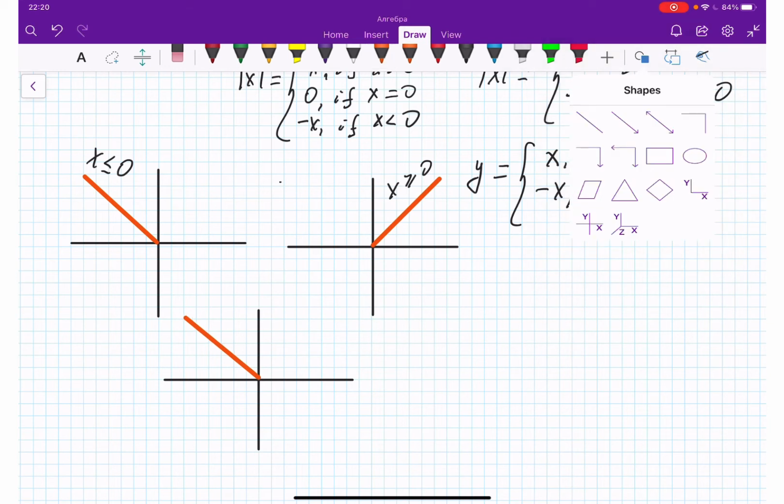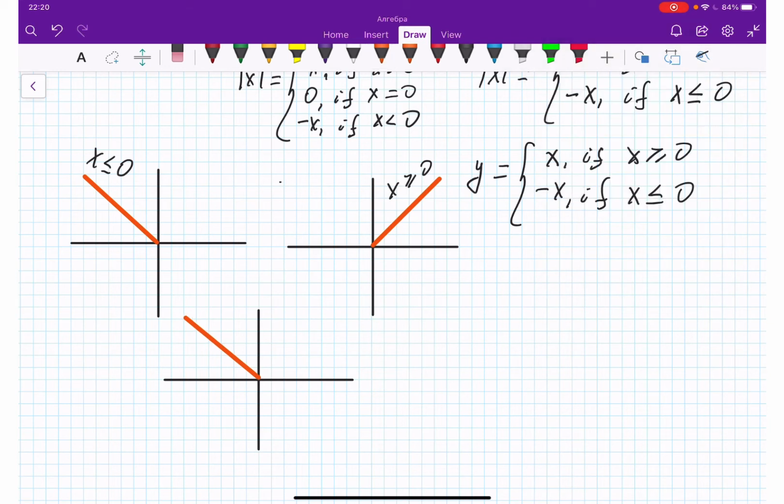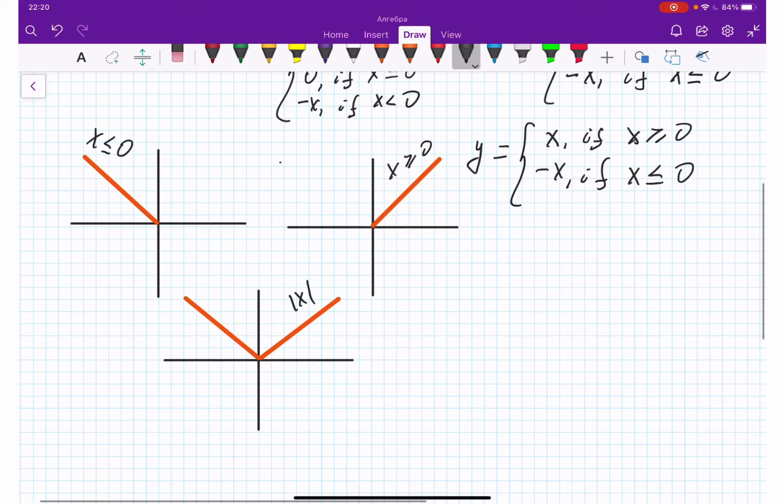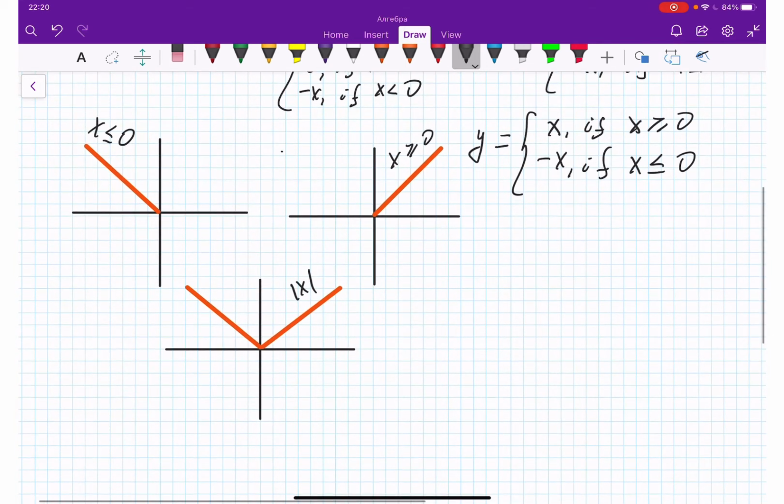So then this is going to be the absolute value of x. Okay. All right. Now let's talk about properties of the function y is equal to the absolute value of x.